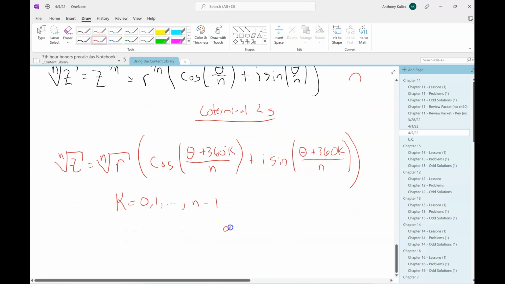Or if you prefer radians, we could just change those 360s to what? 2 pi's.